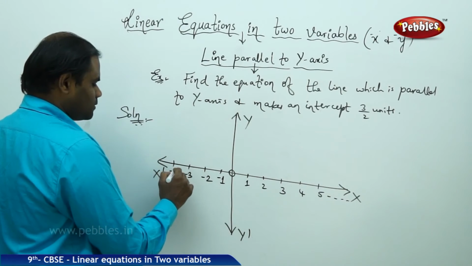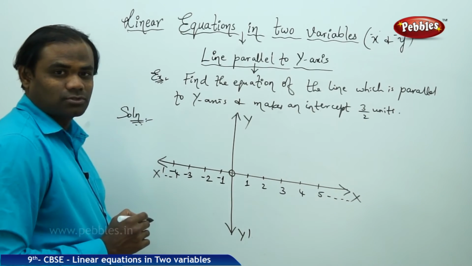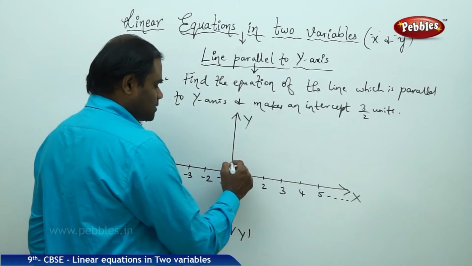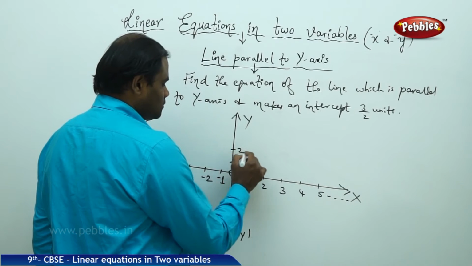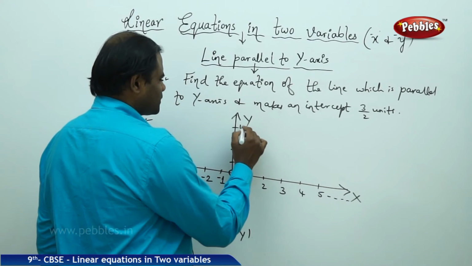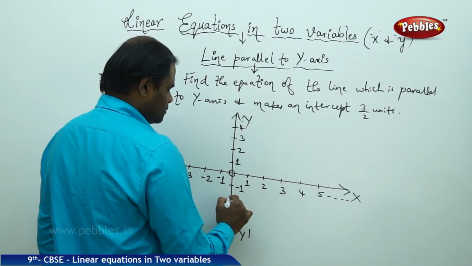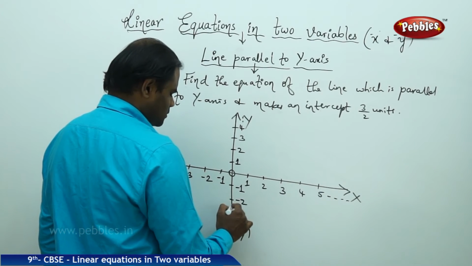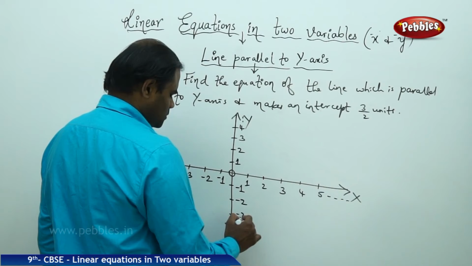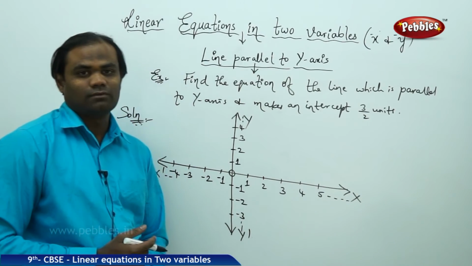This is -3, -4, and so on and so forth. And the scale on y-axis is 1, 2, 3, 4, and then -1, -2, -3, and so on and so forth.